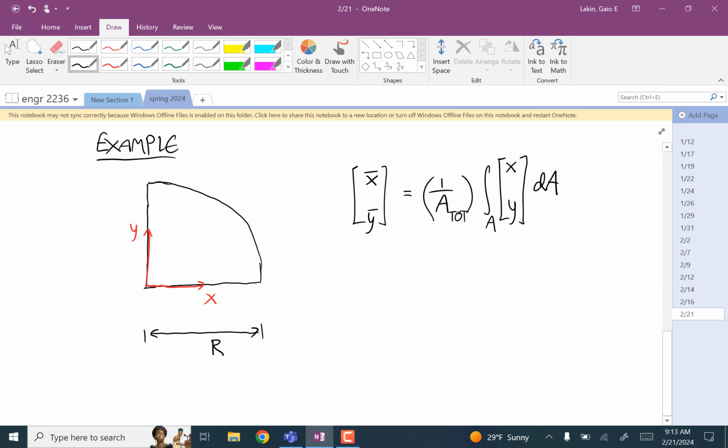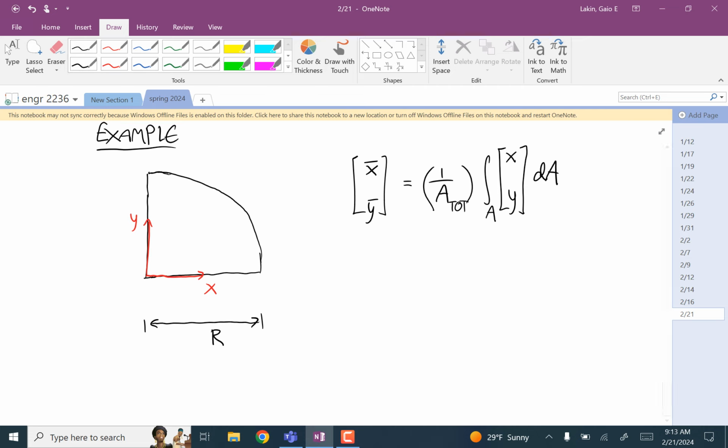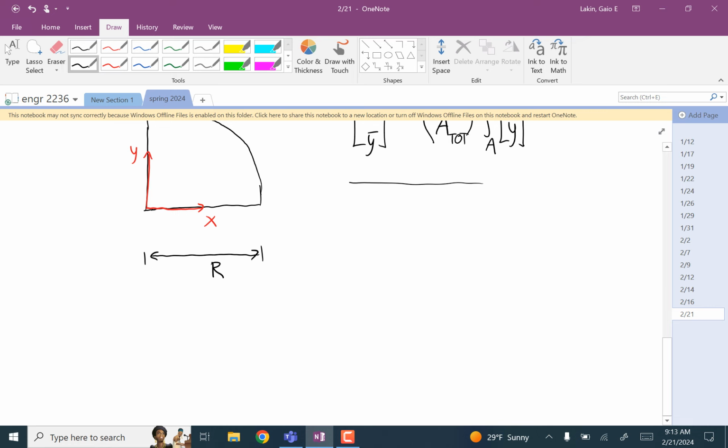So that's the definition of the centroid. And we want to use that integral to come up with the formula that I gave you last time.